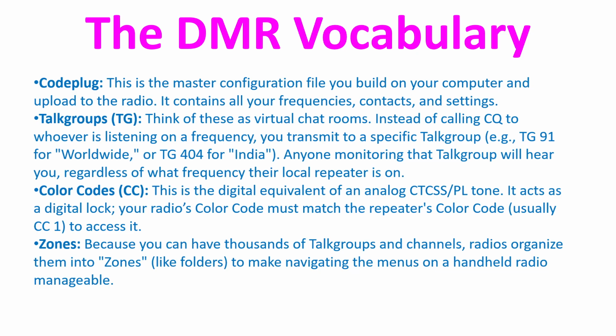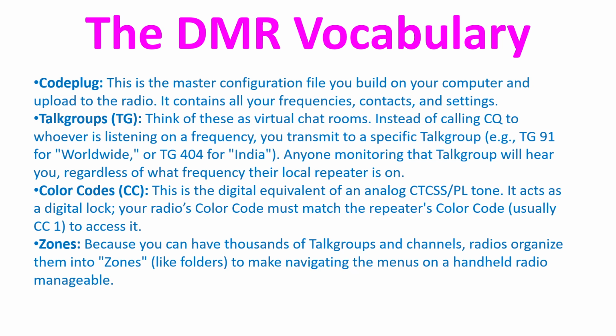Think of these as virtual chat rooms. Instead of calling CQ to whoever is listening on a frequency, you transmit to a specific talk group. Example, TG91 for worldwide or TG404 for India. Anyone monitoring that talk group will hear you regardless of what frequency their local repeater is on.